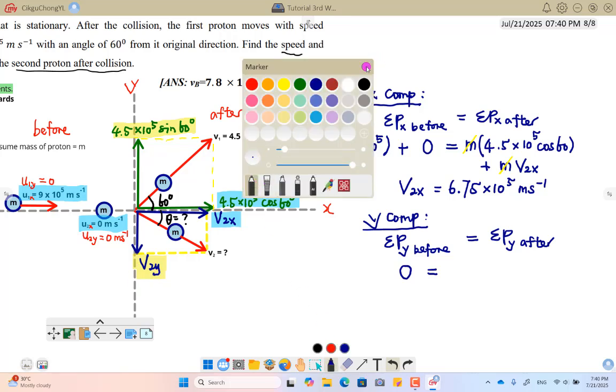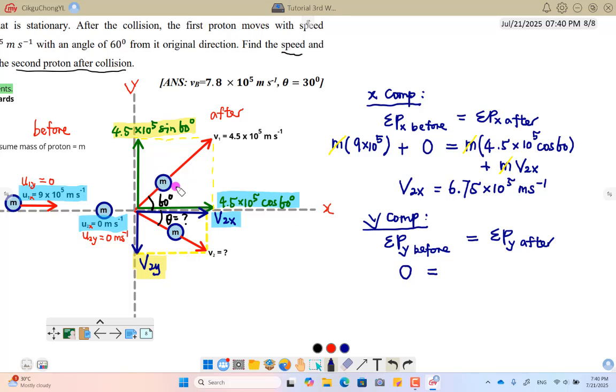So the momentum for the first proton after collision will be m multiplied by the final velocity of the first proton along the y-axis, 4.5 to the power of 5 sin 60, plus the mass of the second proton multiplied by the final y component of velocity for the second proton, which is v2y. So this v2y is what we are going to determine.